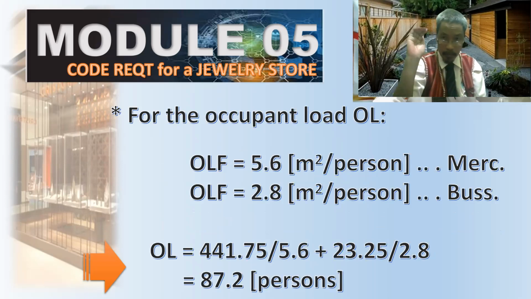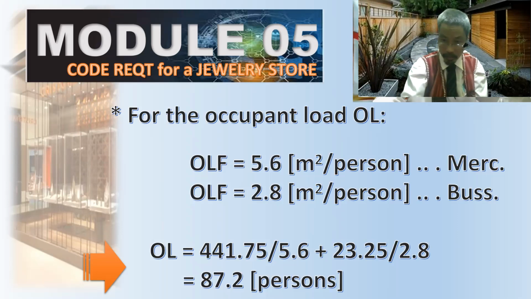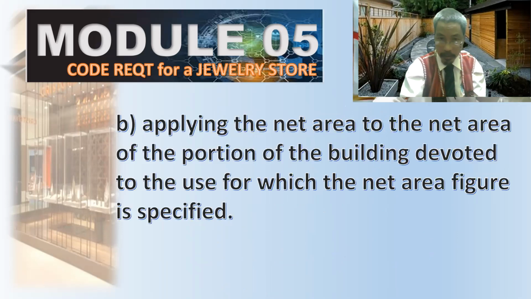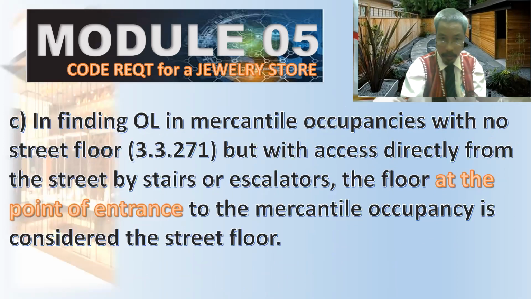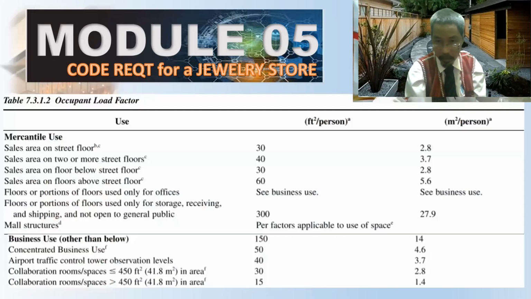We already know that our floor is not on the same level of the street floor. Okay, mercantile. Business 2.8. Take note. That is our decision. You have to decide. 2.8. So let us go back. I will show you how we come up to that. Okay.